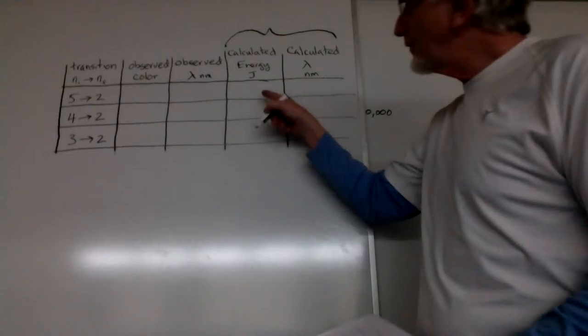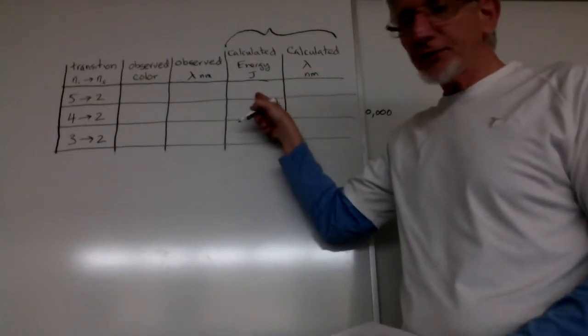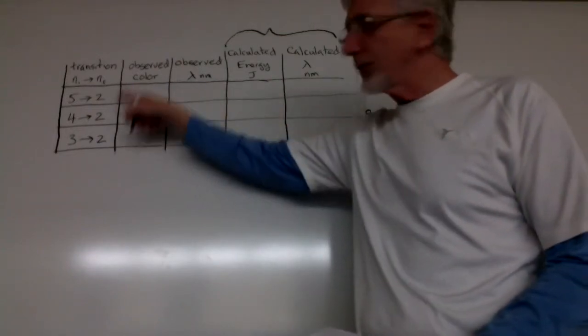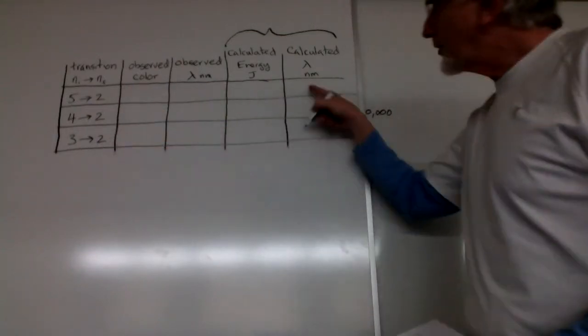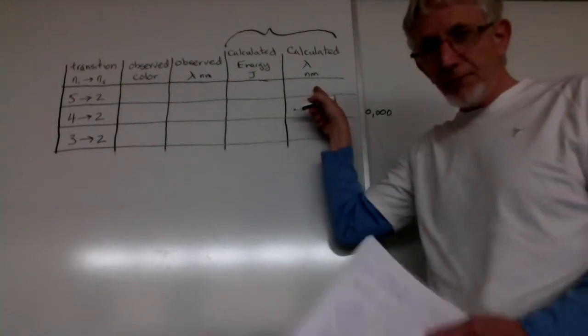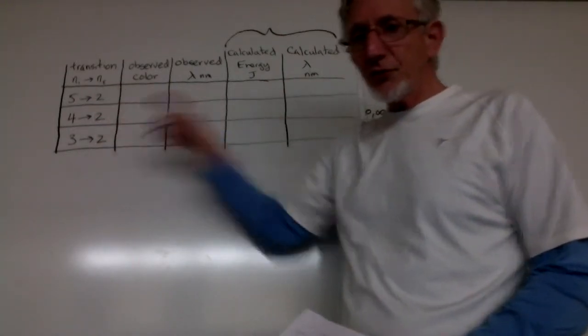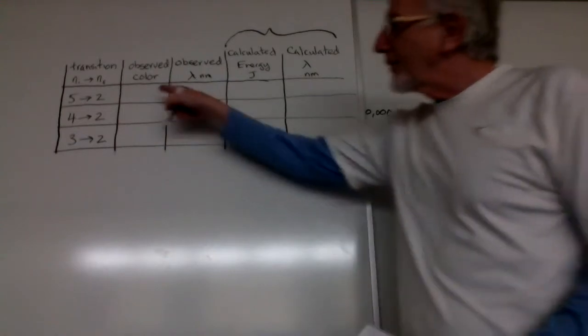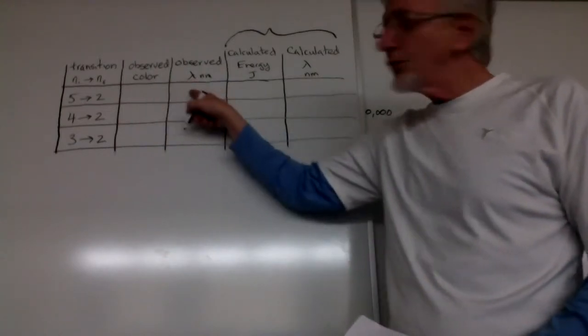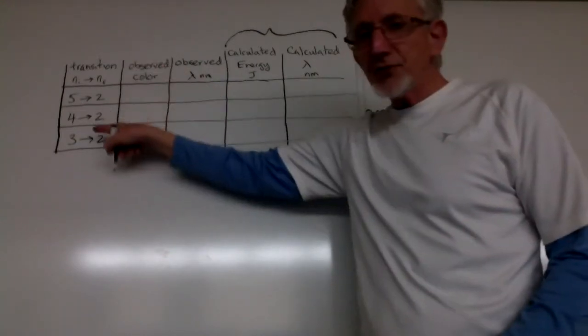You're going to fill in the energy of the hydrogen atom undergoing these transitions, and the wavelength of the emitted photons as the electron undergoes these transitions within the hydrogen atom.